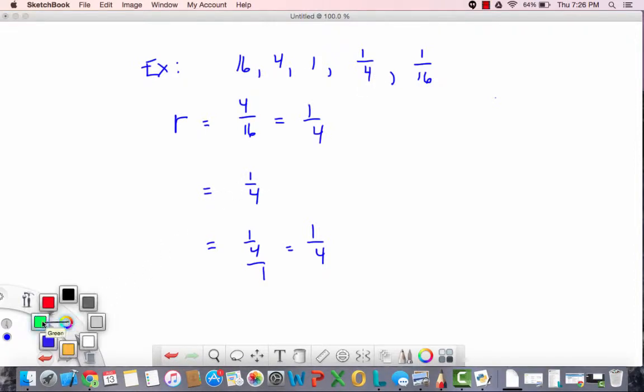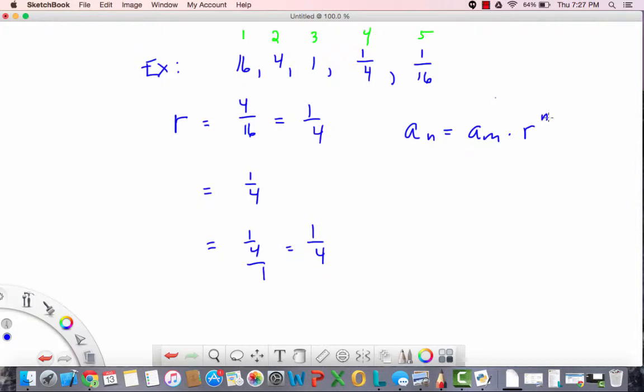Now, let's say that we have position numbers for each of these numbers in the sequence. This is position 1, that's 2, 3, 4, and 5. There is an explicit formula which looks like this. A sub n equals A sub m times r to the n minus m.